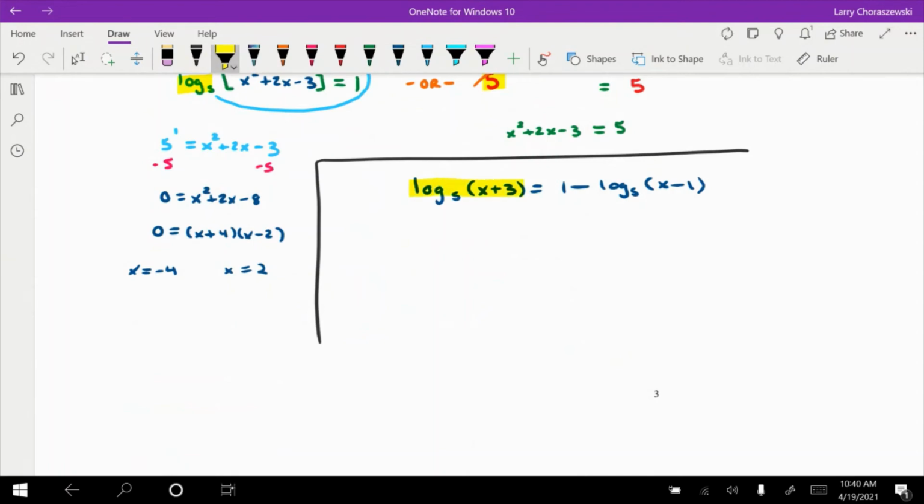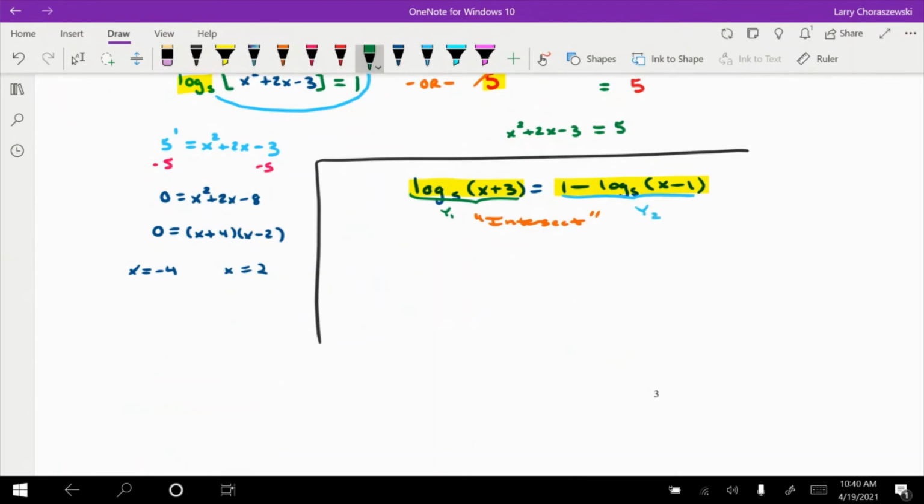So no side is 0, meaning that we'll want to opt for the intersect feature. And that means the left-hand side will be our y1, and the right-hand side will be our y2.